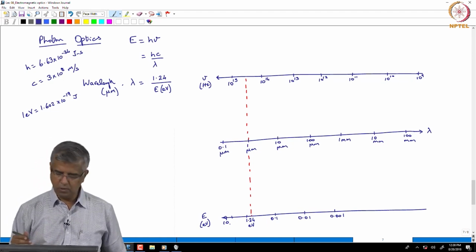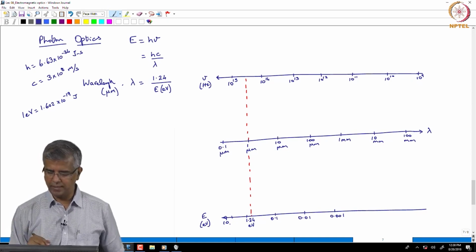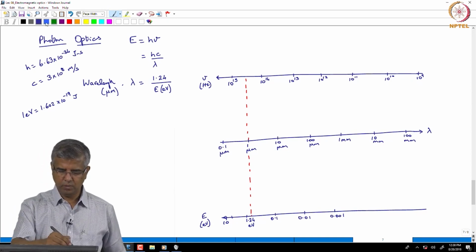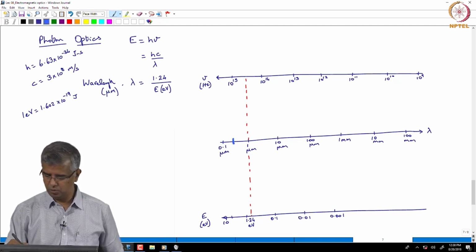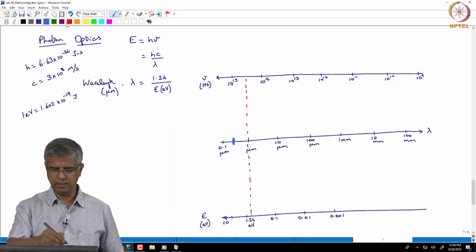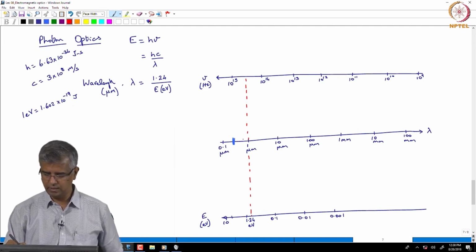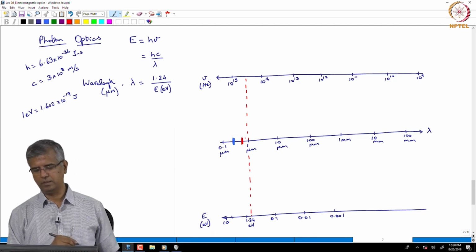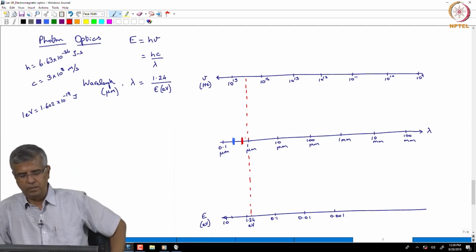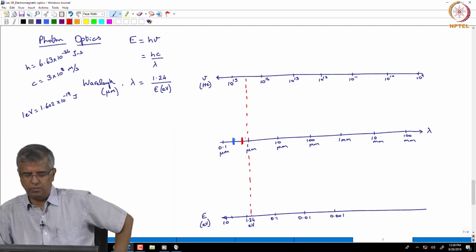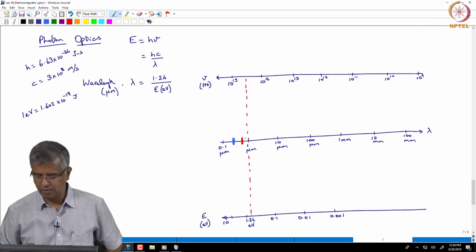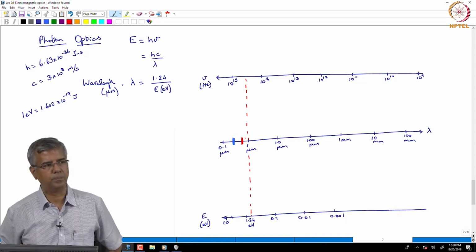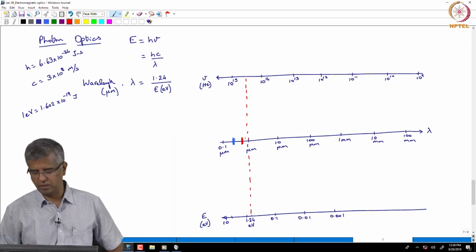So, to give you a feel for what we are dealing with normally, we have basically blue happening over here and red happening over here. So, blue wavelength around 0.45 or less than 0.5 microns, and red greater than 0.6 microns.